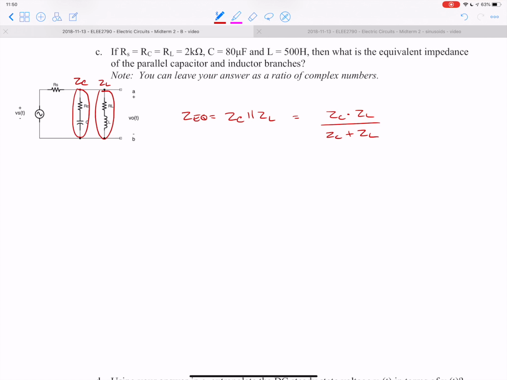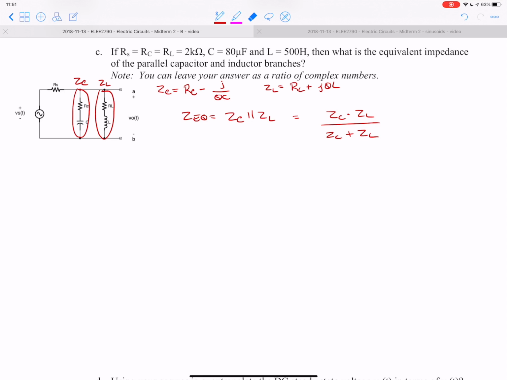So first, let's write down ZC and ZL. ZC is equal to minus j over omega C. ZL is equal to j omega L, but of course that's without the resistors, so let's add in our resistor. This is equal to RL plus this portion over here, and for our capacitor branch, this is equal to RC minus this portion over here.